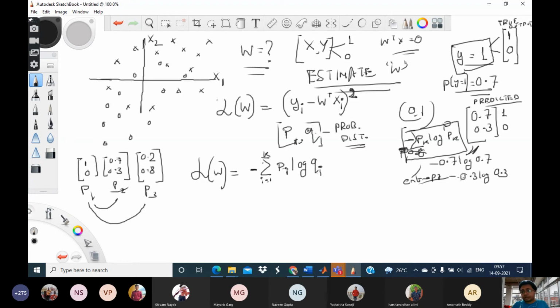Like here I was writing summation over pi log pi, here I am writing pi log qi.